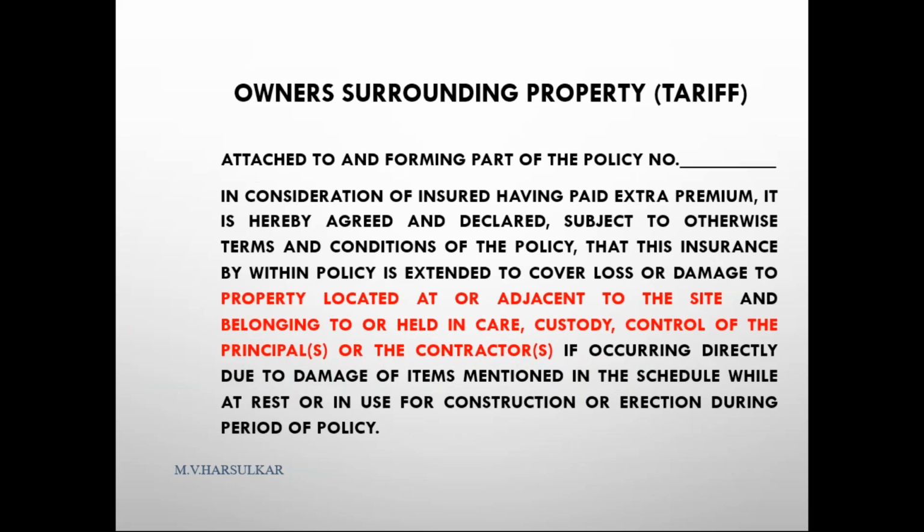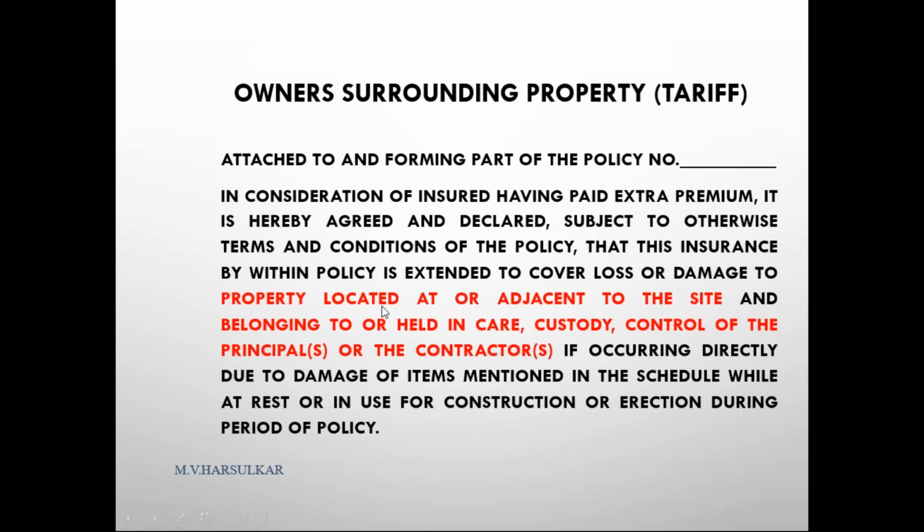So here, this is the endorsement wording. Extended to cover loss or damage to property located at or adjacent to the site. So whatever is the address given in the policy as an insured address, insured premises.